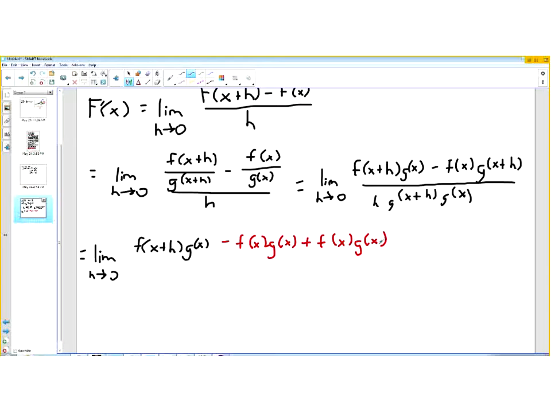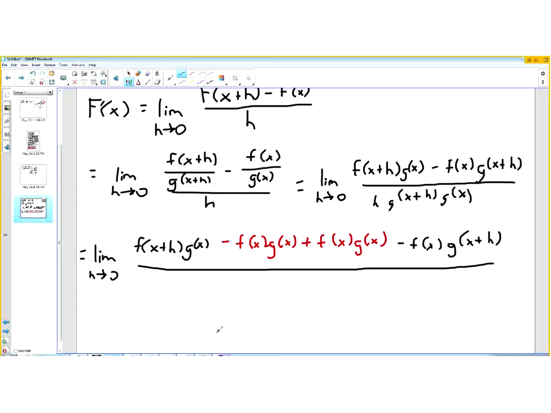Okay, so you see that that's 0, and then I'll finish off the numerator, which is minus f of x times g of x plus h.